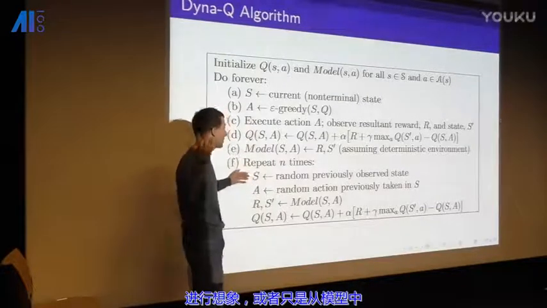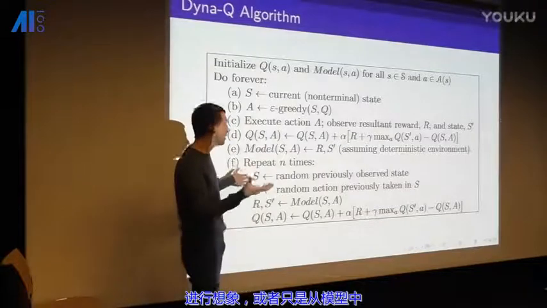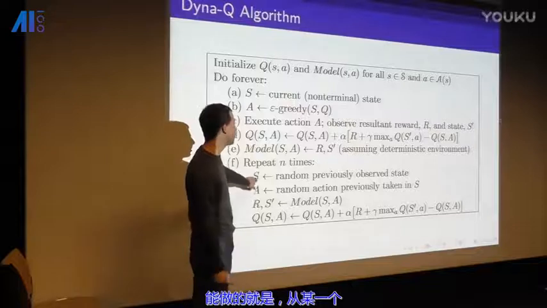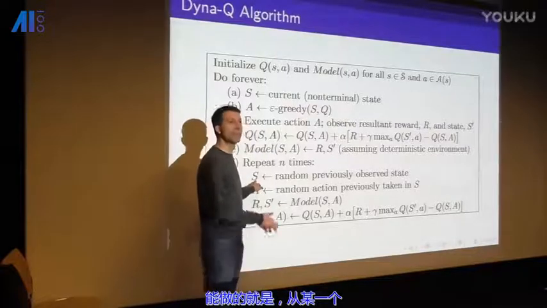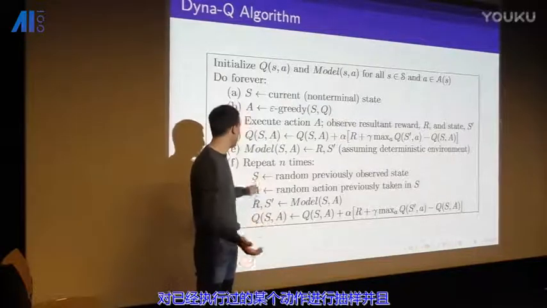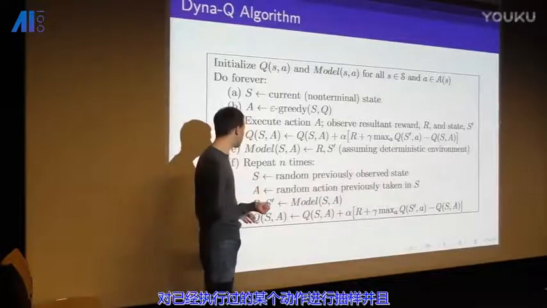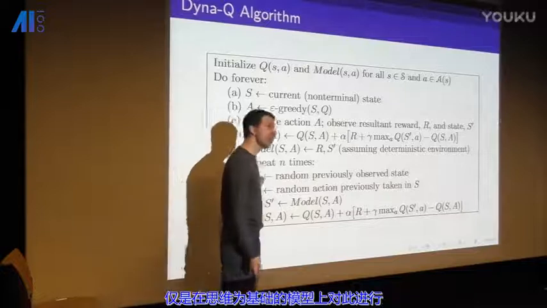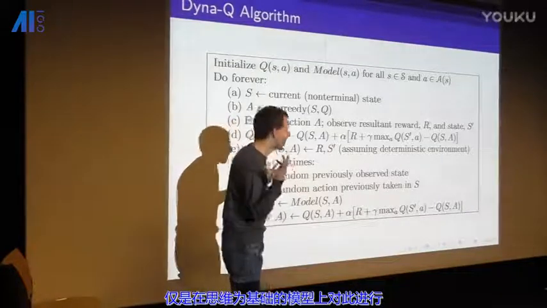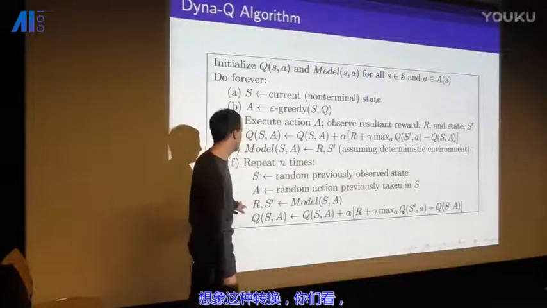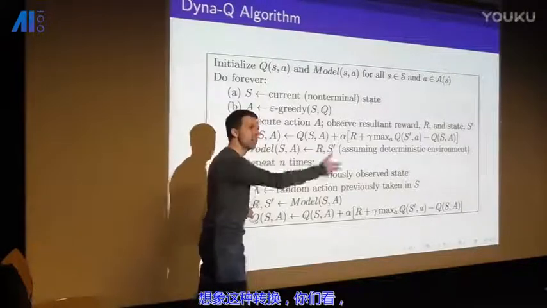But now we can just imagine things, or we just sample n different samples from our model. So what we can do is start with some random state that we've already seen, sample some action that we've taken, and just sample this from our memory-based model. And now what we do is we basically imagine that transition.